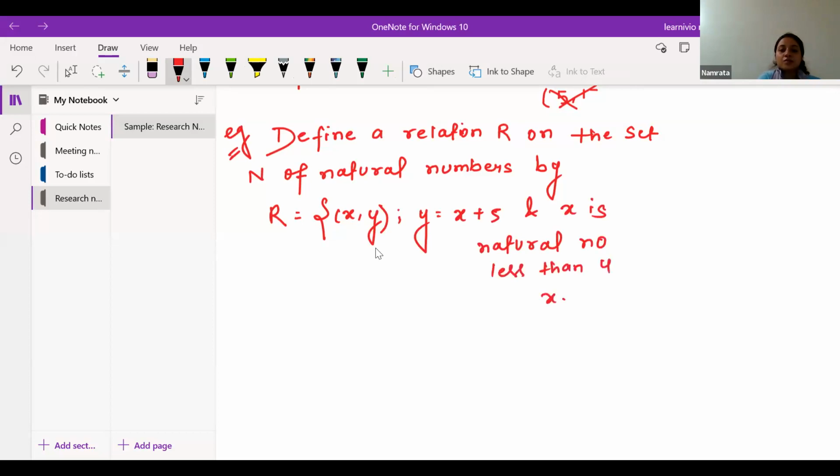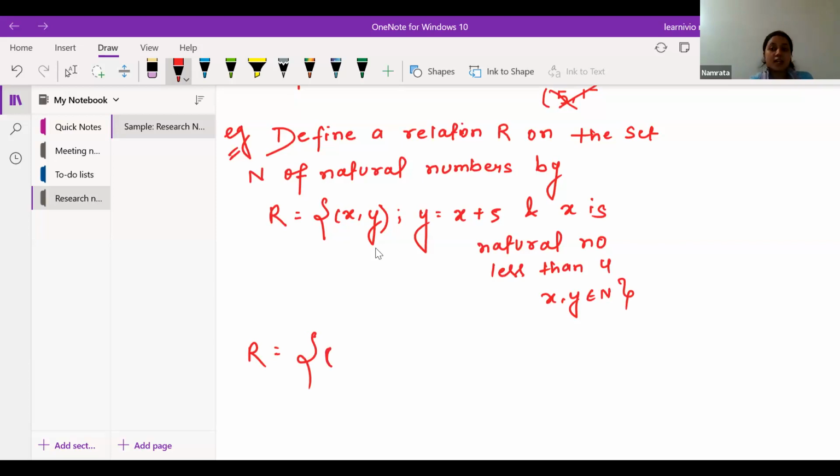Both x and y belong to natural numbers only. Let's make the list of all ordered pairs. Here x and y both are natural numbers. One more condition is given, that x is a natural number less than 4. So what can be the first element?